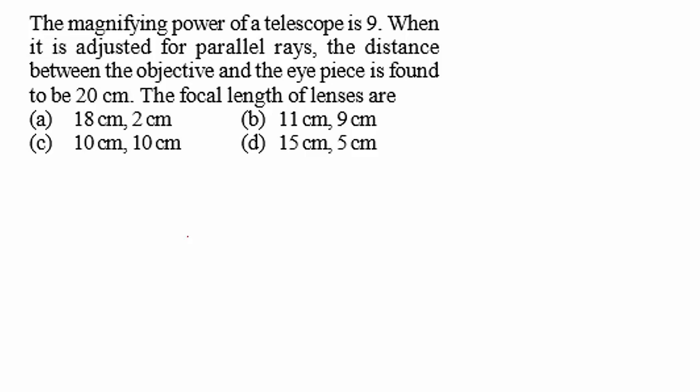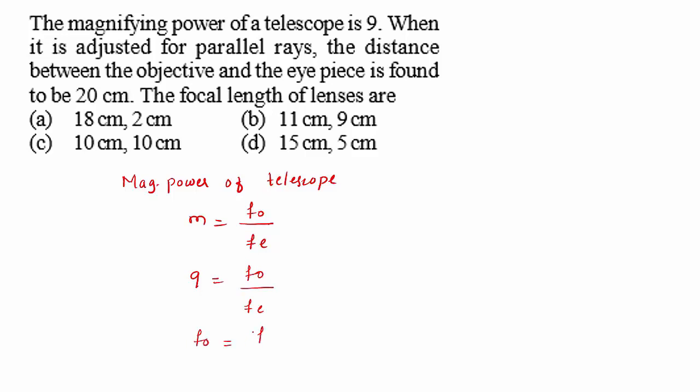See here, the magnifying power of a telescope is given by M equal to FO divided by FE, the focal length of the objective lens and the focal length of the eyepiece. Here the magnifying power is 9, so 9 equal to FO divided by FE, or FO equal to 9 times the focal length of the eyepiece. This is the focal length of the objective lens.